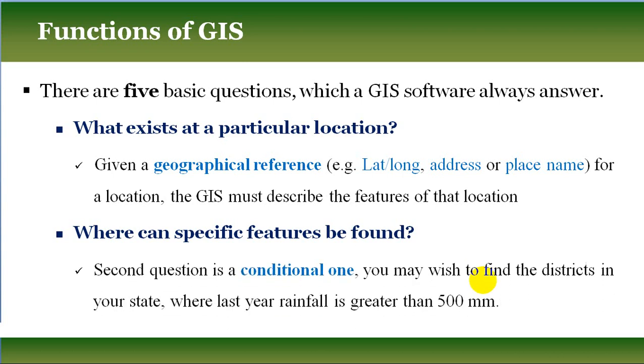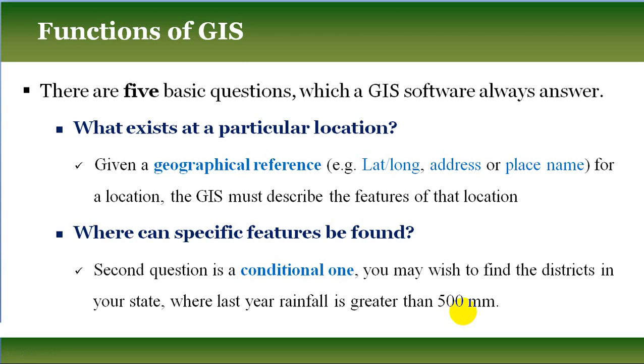So as I told you, you may wish to find the districts in your state where last year's rainfall is greater than 500 millimeter. So here the GIS user asks this type of question by providing a condition. The condition is what? Rainfall is greater than 500 millimeter. In your state several districts are there.